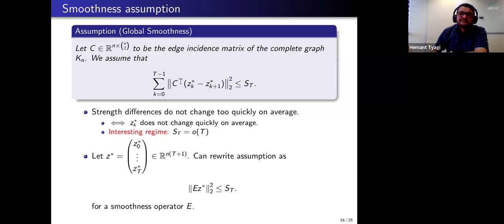It's useful to note that this condition can be written more compactly using the smoothness operator E. This condition says that the norm squared of E times Z star is upper bounded by S_T. And E is a smoothness operator that is the Kronecker product of the Laplacian of the path graph on T vertices and something else. So the properties of the Laplacian of the path graph will play a role in the analysis.